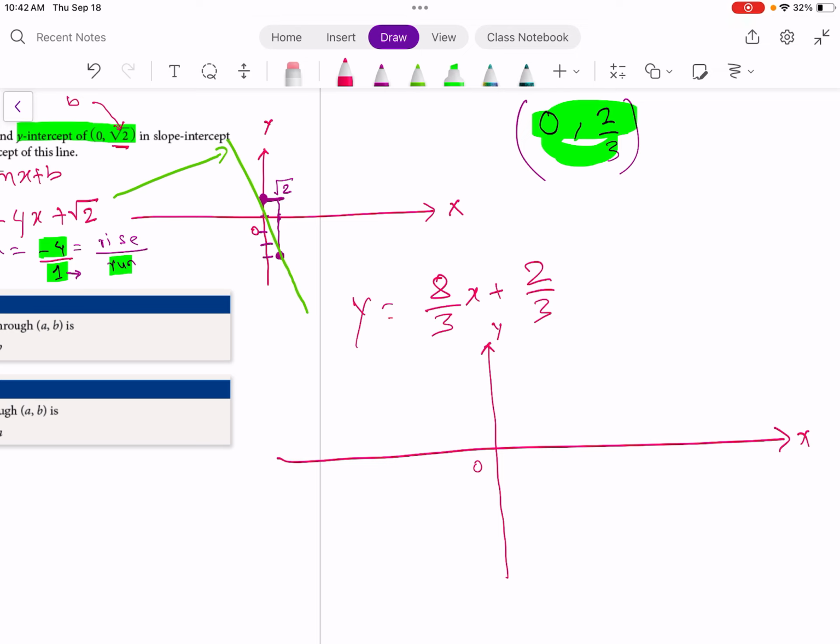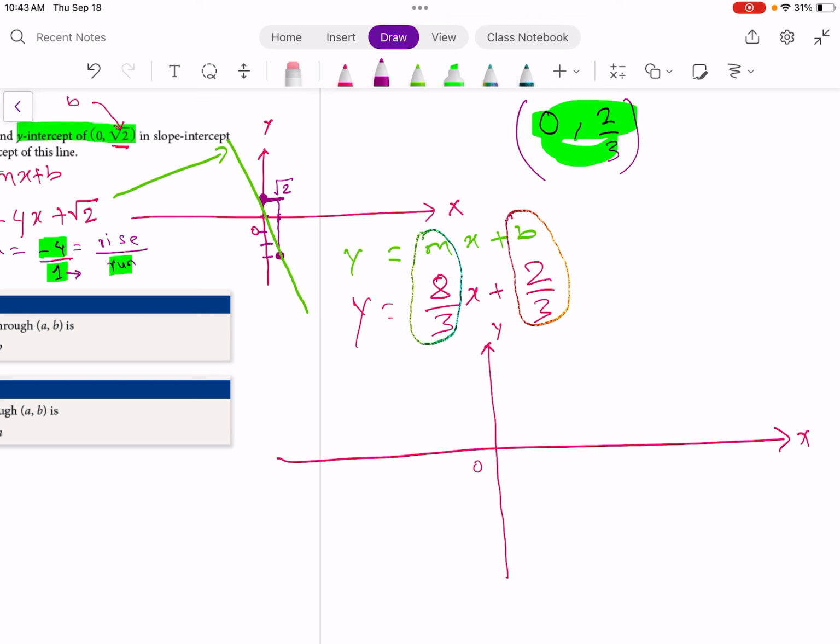We always start from the y-intercept. What is the y-intercept for this line? So you compare this with y equals mx plus b. Your m, the slope, is 8/3. Your y-intercept is 2/3. So let's start from the y-intercept.